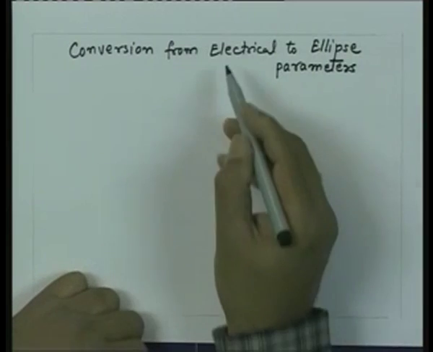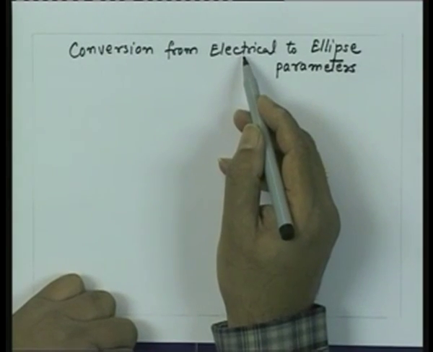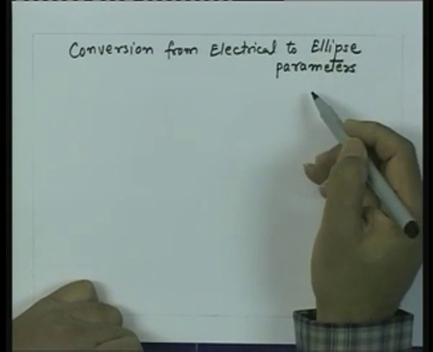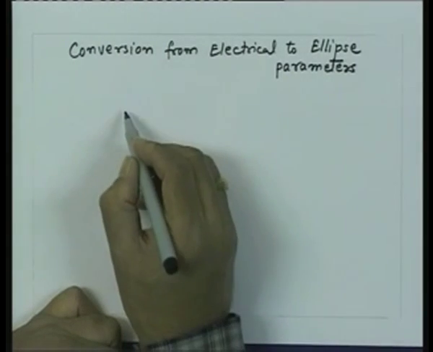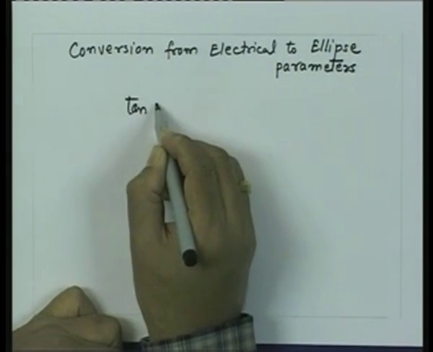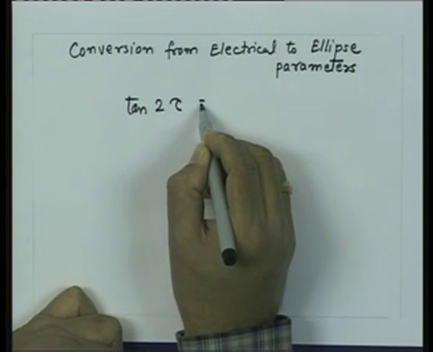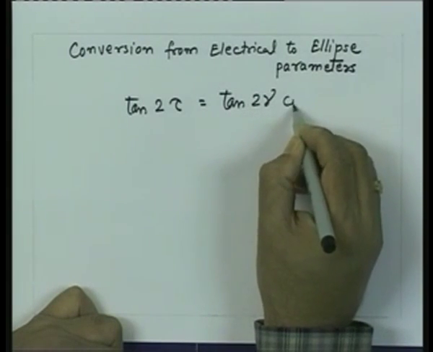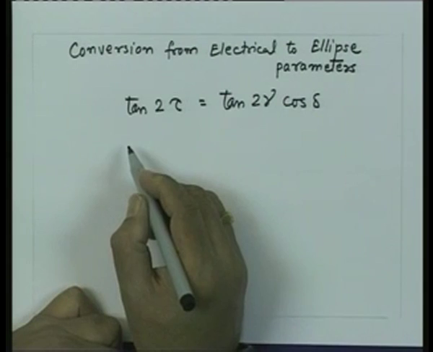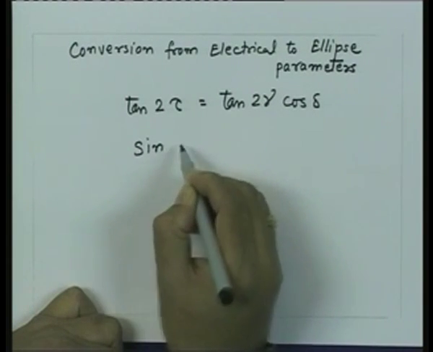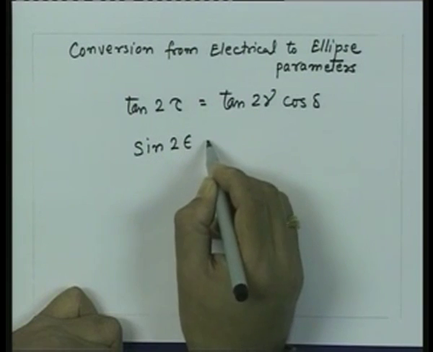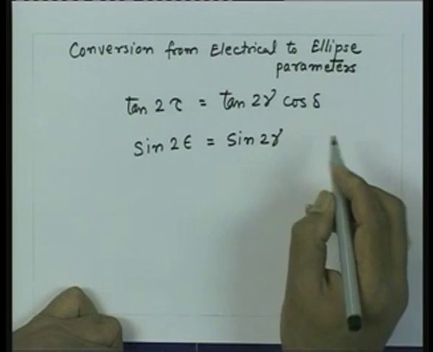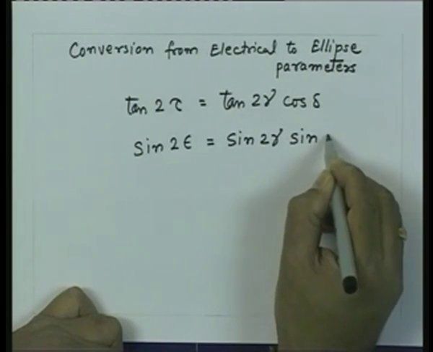That is, if you are given the quantities gamma and delta, we want to find the corresponding values of epsilon and tau. These relations are: tan of 2 tau is equal to tan of 2 gamma cos of delta, and sine of 2 epsilon is equal to sine of 2 gamma sine of delta.